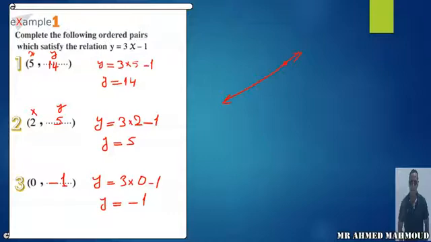That means this point satisfies the relation. 2 and 5 satisfy the relation, that means 2 and 5 belong to the straight line. 0 and negative 1 belong to the straight line, that means it satisfies the relation. But if any of the points is outside the straight line, it does not satisfy the relation. Okay?